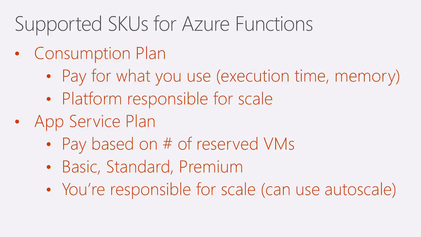The other reason is if you need to write functions that interact with on-premises resources. You can use virtual networks, get those networks joined to your premises network, and then write functions that interact with those resources, such as a SQL database that's not publicly accessible and is only on your network.